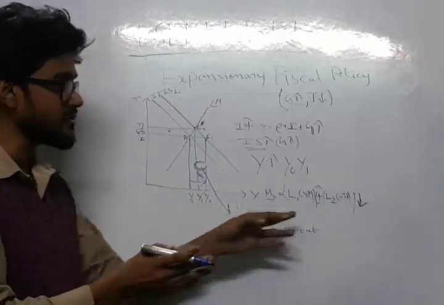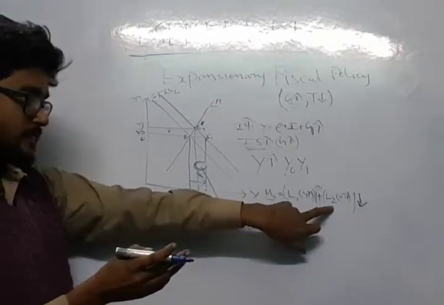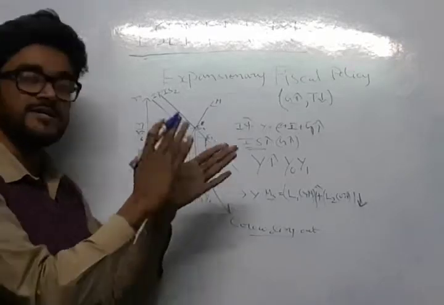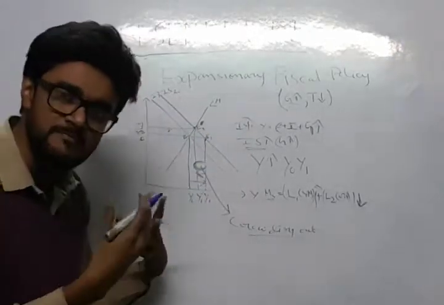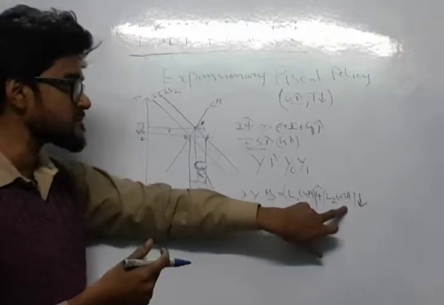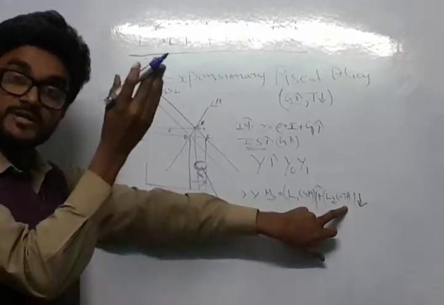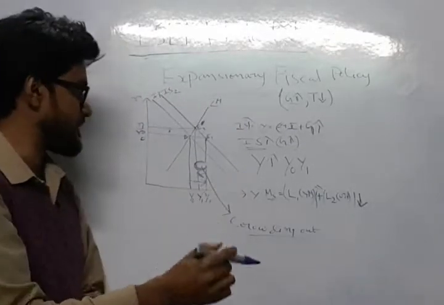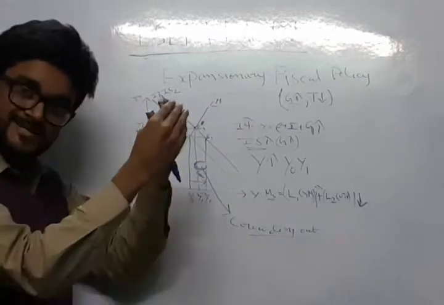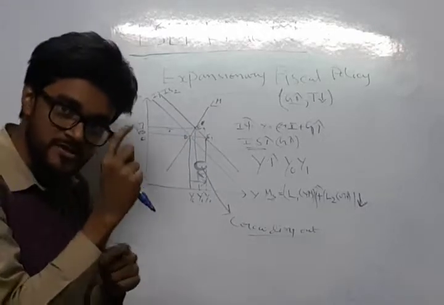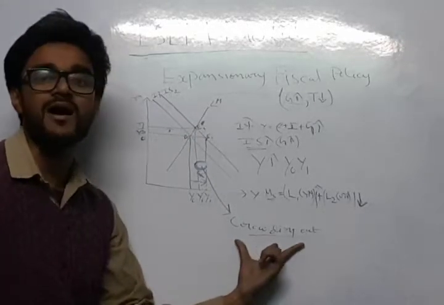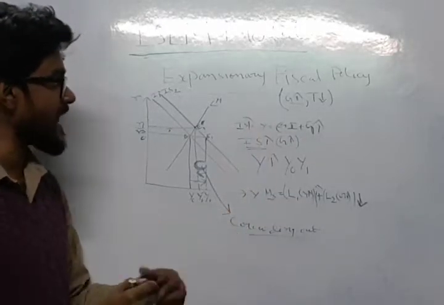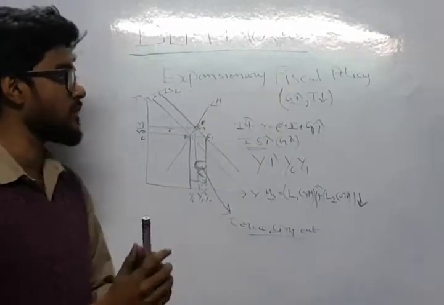Then due to the presence of the speculative demand part in the LM curve, which was not present in the classical model or the simple Keynesian model, R increases, so the income reduces from its expanded level. This reduction of income due to the presence of R is known as crowding out. So far this is what we have in expansionary fiscal policy.